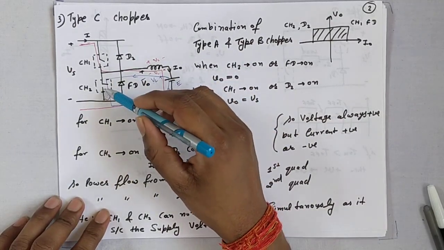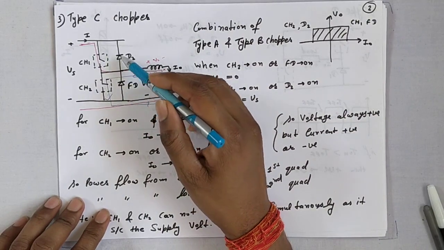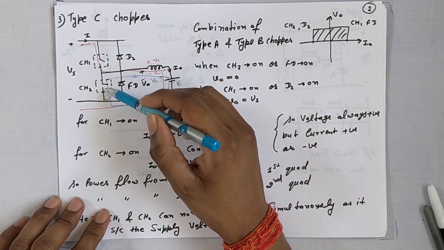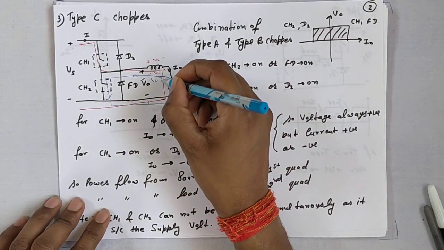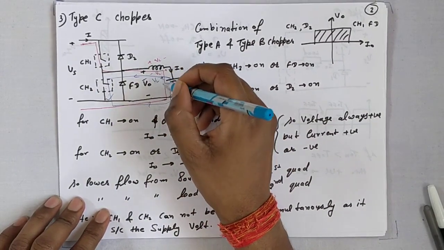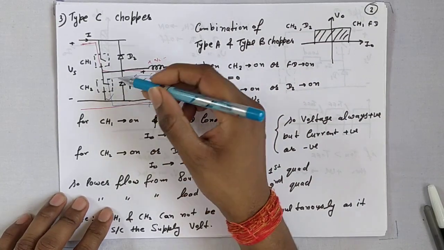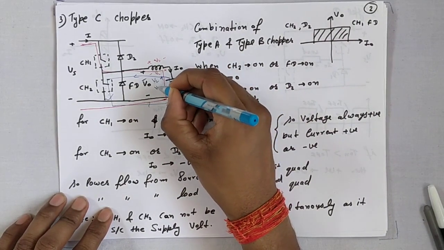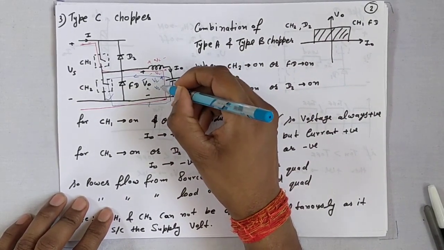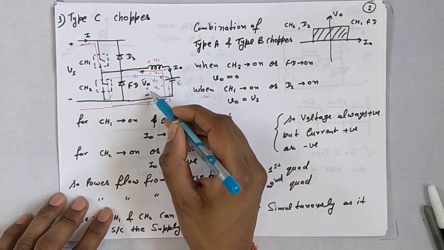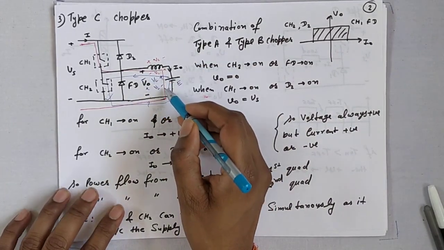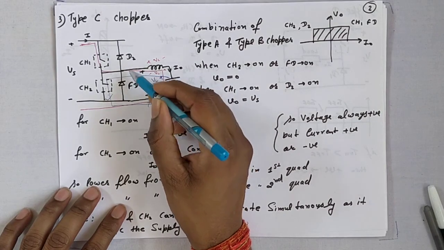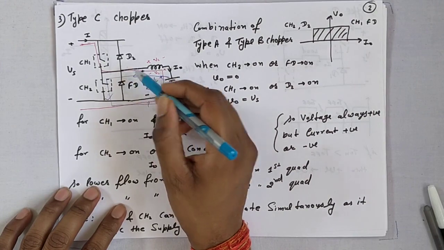Now if CS2 is off, all other devices are also off. So when CS2 is off, what happened? This inductor was charging with this polarity. When CS2 is off, this inductor delivers VL, changing its polarity in this manner, plus and minus. Then this diode D2 starts to conduct because this is the plus terminal.